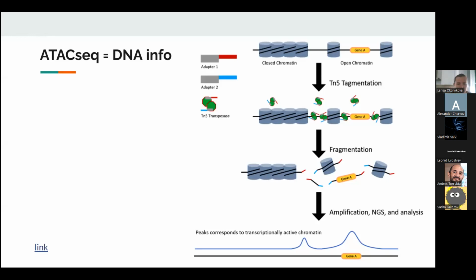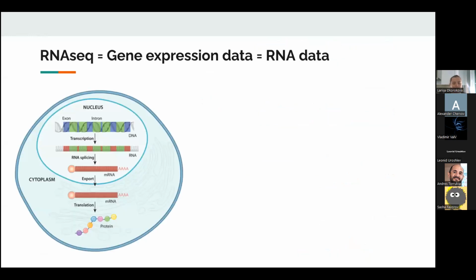Yes. Super. So the next thing that I want to discuss with you is RNA-seq data. This one, I would say, is the easiest one. As I said, our DNA is stored in the nucleus. Then we have a transcription process, some kind of processing, I will not go into this in more detail.